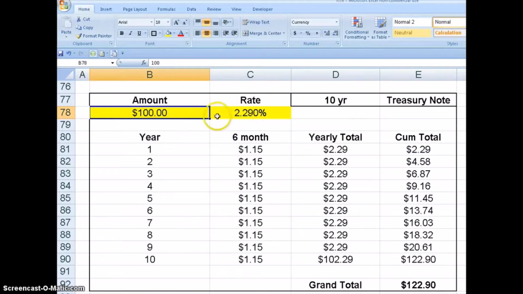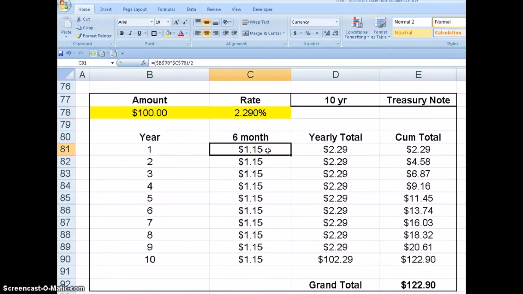So if in a year you get 2.29% of $100, or $2.29, in 6 months you get half of that, or roughly $1.15. Okay, so every 6 months you get $1.15, and that comes out to about $2.29 a year.